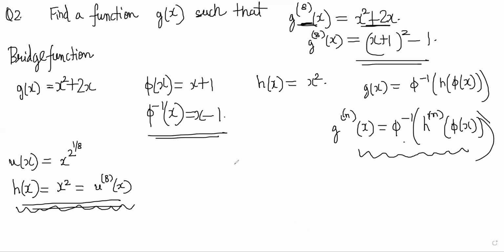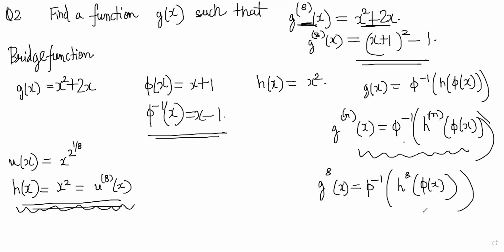Great. So now, therefore, we have here by this result g of 8 of x should be equal to phi inverse of h of 8 of phi of x, right? Correct. But actually we should not take h, we should take u. U of 8 of phi of x, right?